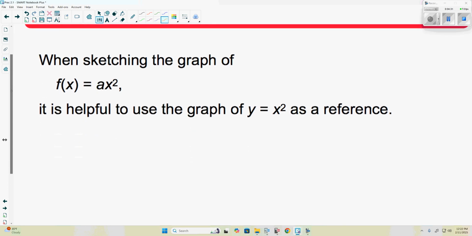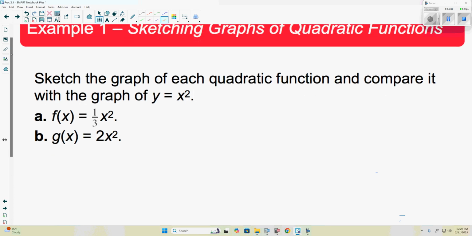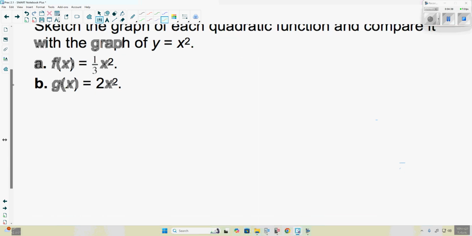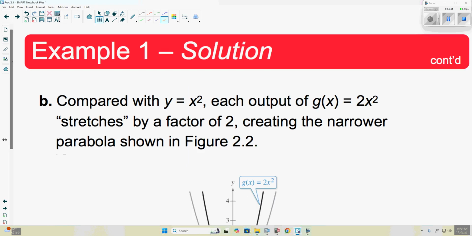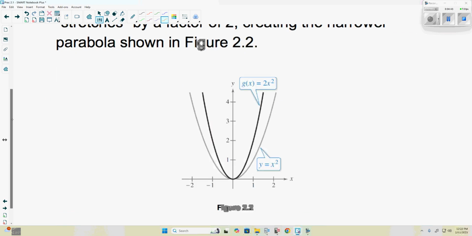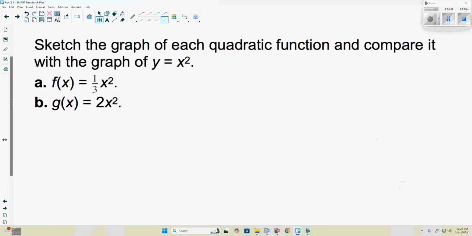When sketching the graph of f of x equals ax squared, it's helpful to use the graph of x squared as a reference. All that means is, if we wanted to graph 1/3 x squared, we could start with our x squared and go from there.